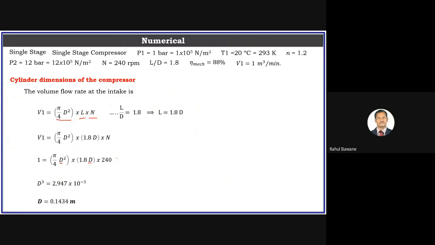So now there is only one unknown, that is the diameter. So we come to know that the diameter is 0.1434 meter. Once the diameter is known, put in the L by D ratio. So stroke length will be 0.2581 meter.